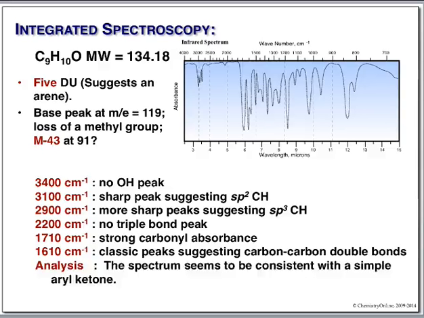We know it's a ketone, not an aldehyde, because we don't have the aldehyde stretch. Where does the aldehyde stretch? 2750. Look at the previous problem, beautiful example of it. That's why I chose that problem.